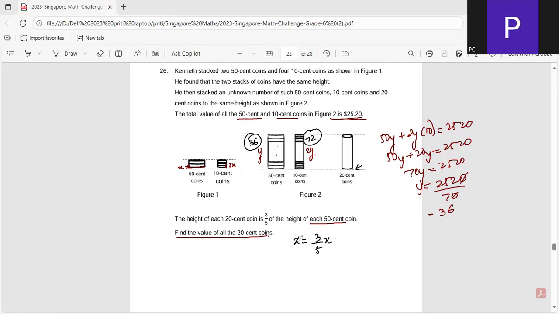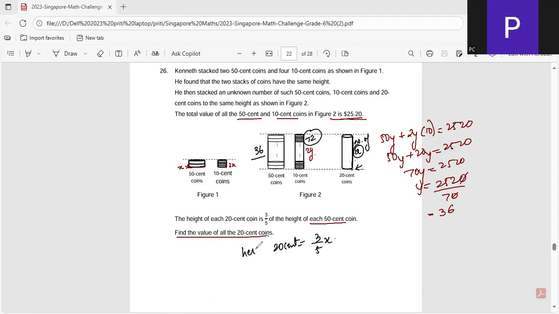Now the total height of y coins here was the total height of 36 coins. Now let the total number of 20-cent coins be A, just for example, the total number of coins which are stacked here. Correct?